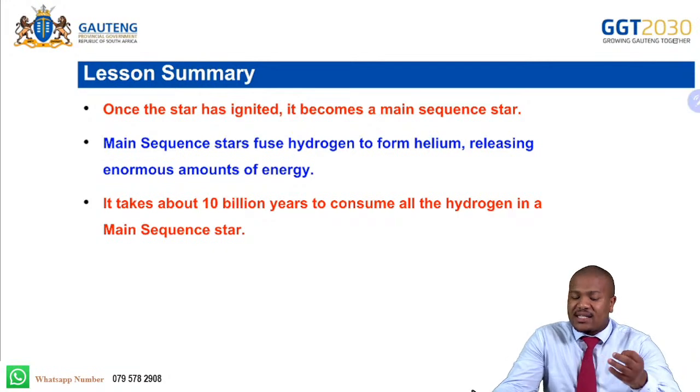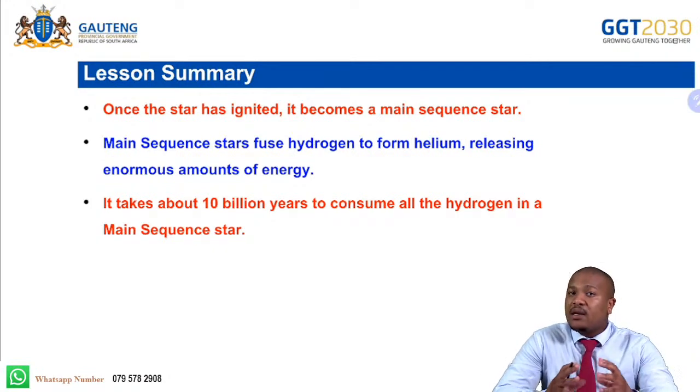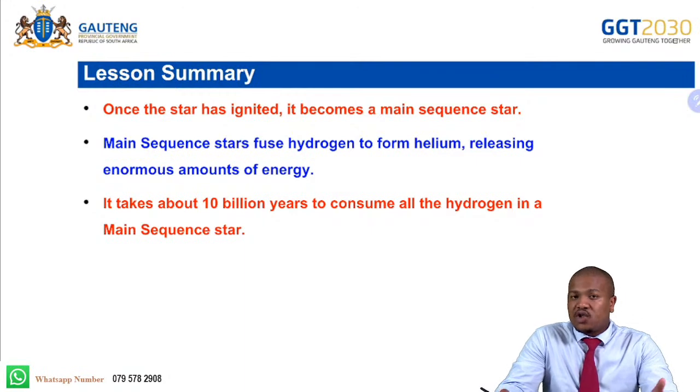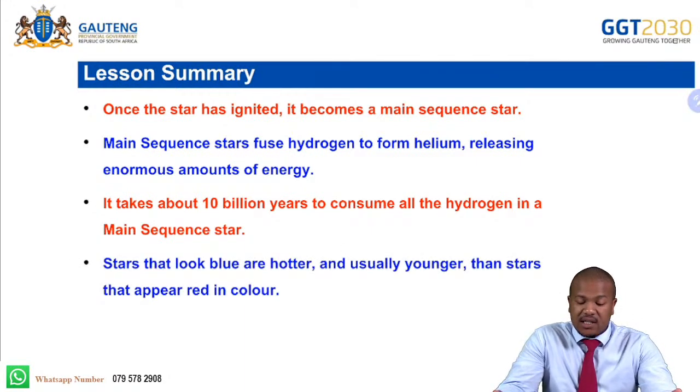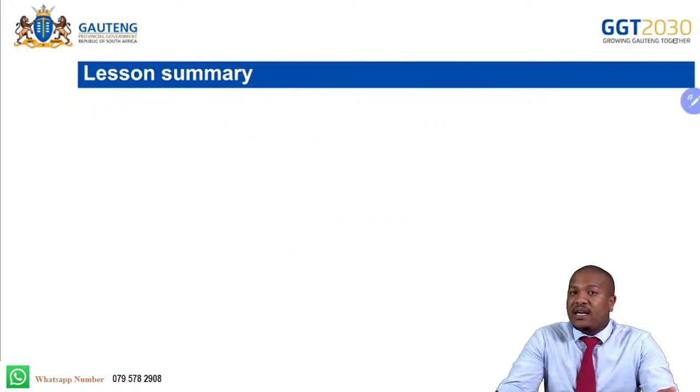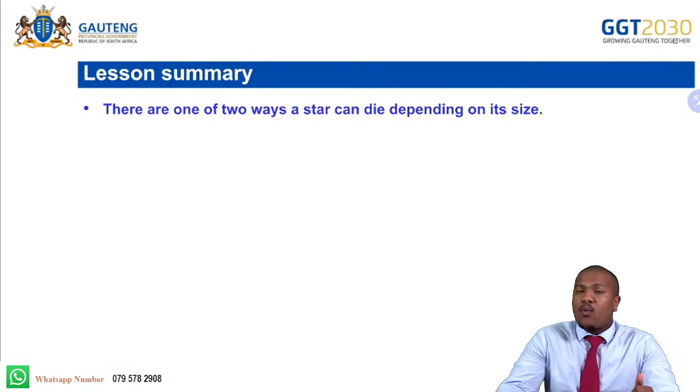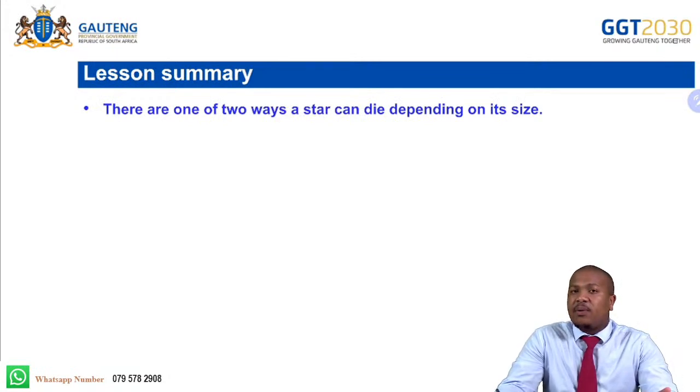So a star can last up to 10 billion years to finish up all the hydrogen in it, stopping nuclear fusion from taking place. And we said that stars that look blue are usually hotter and younger than stars that appear red in color.